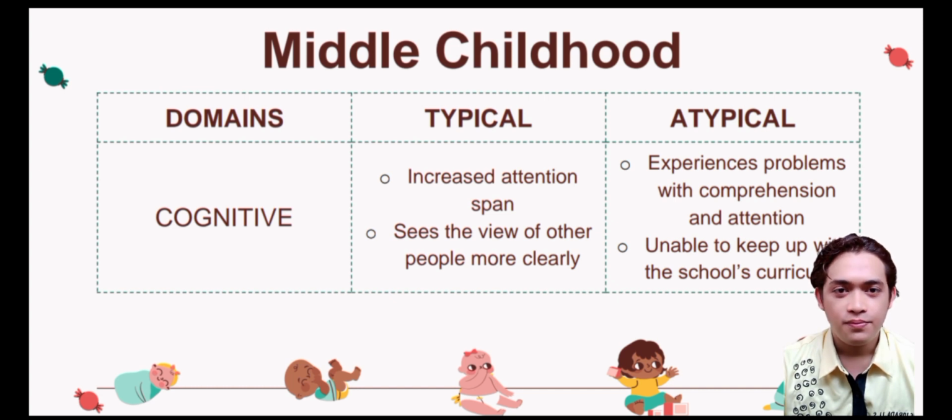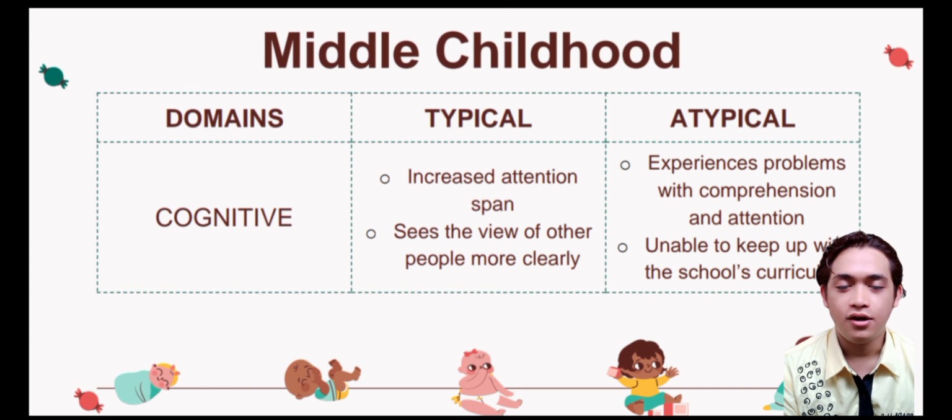The atypical development in this domain is that they may experience problems with comprehension and attention, and they may be unable to keep up with school's curriculum. Now that is for the middle childhood stage of child development.